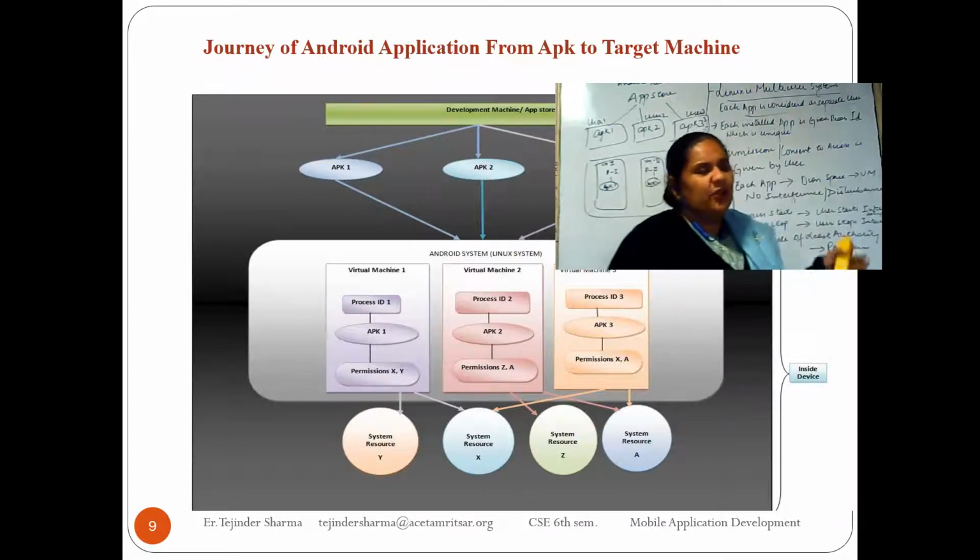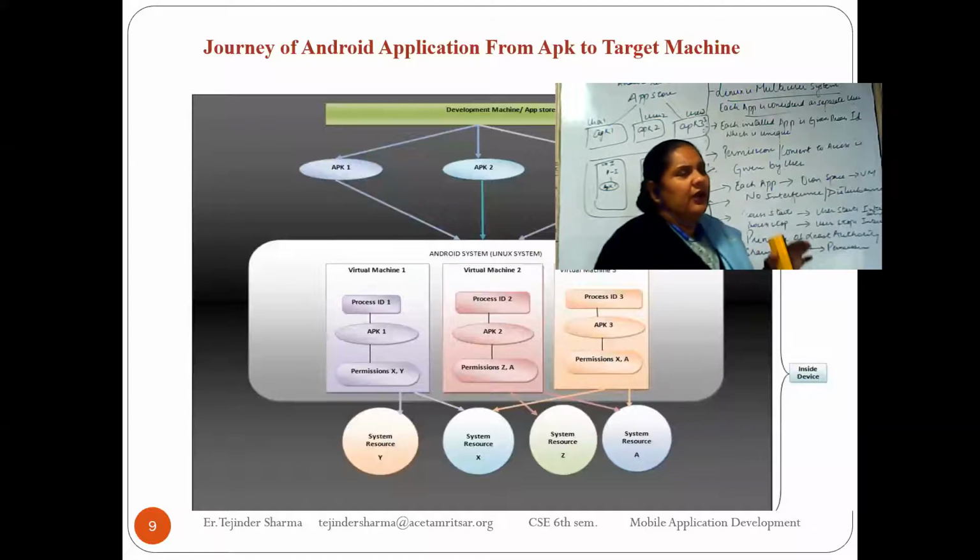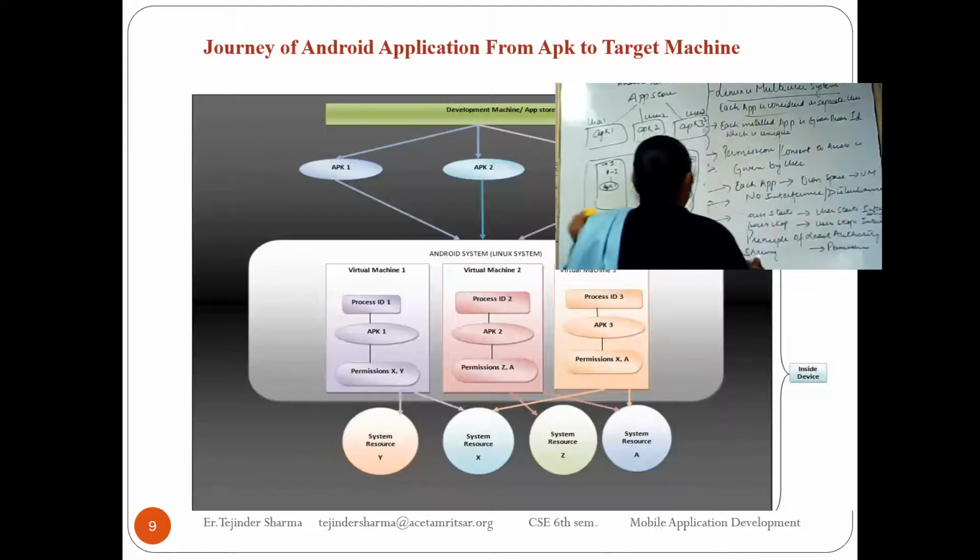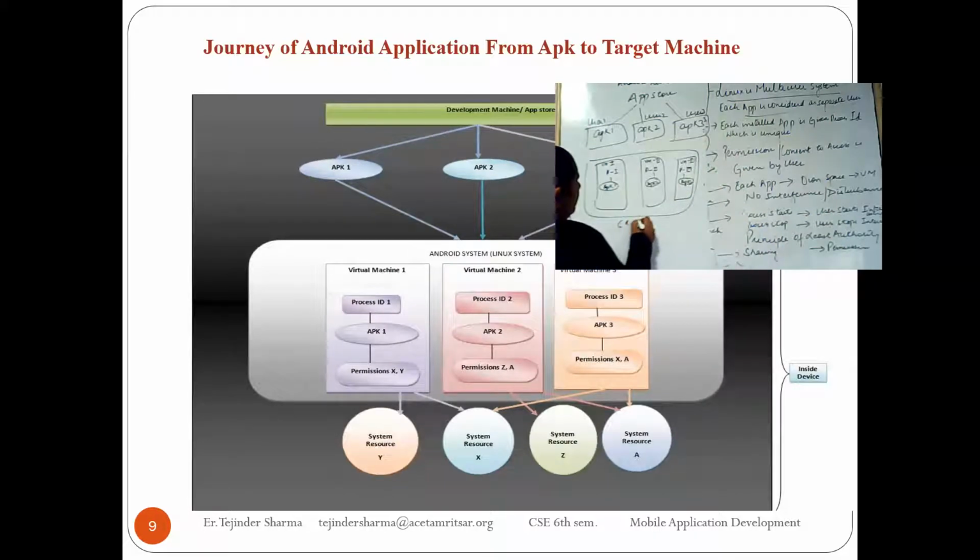There are options: allow this time, allow only while using this app, and so on. Whichever button you press, it will accordingly take your contacts from the phone to its own application. CRED asks for permission to get the phone contacts. You allow, and it will fetch the contact list from your phone to its database. Fine, this is how it is done.